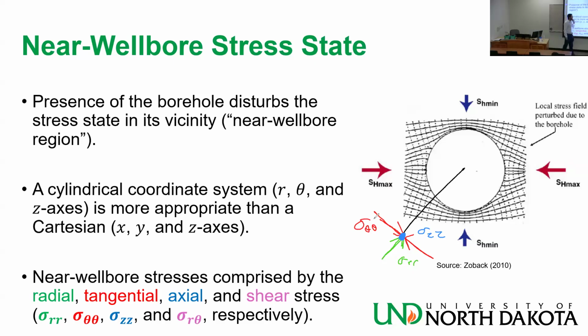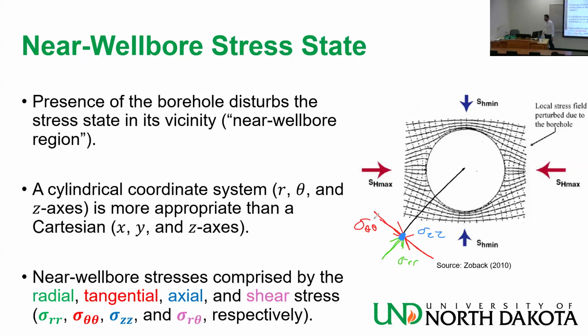Something else I want to clarify, logistics wise. I call the axial stress here sigma ZZ because it's drawn parallel to the Z axis. There are some people who, for their cylindrical coordinate system, including me sometimes, use R theta and not Z. They use R theta and X, R theta and Y. Then your axial becomes sigma XX or sigma YY.